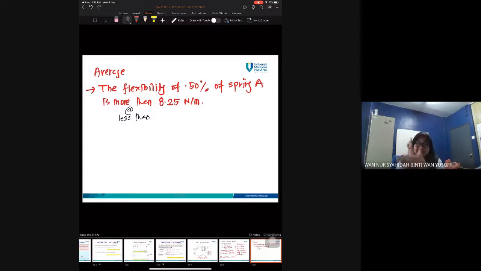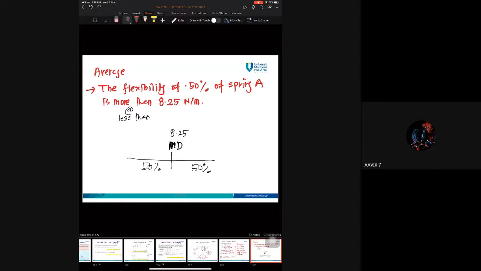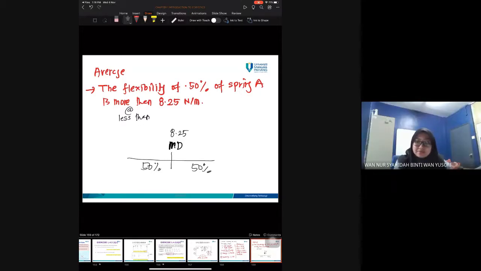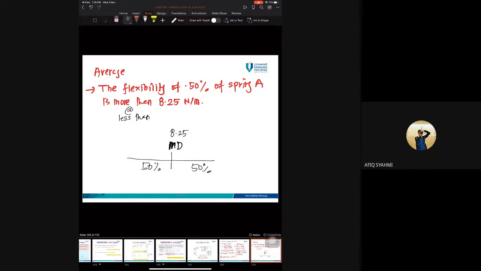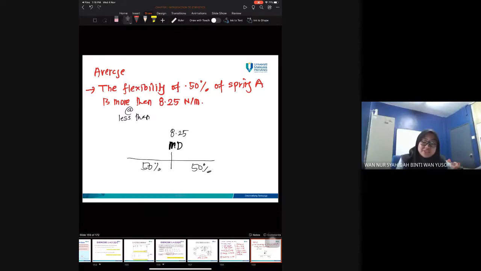Okay, so now the median is the middle of your data set. This is your median. We have 50% here and 50% here. So I repeat my question. Is it correct if we write less than 8.25? Yes, it should be yes.